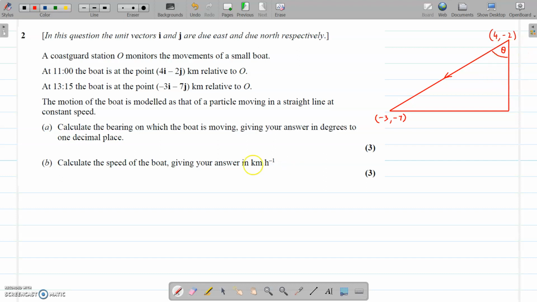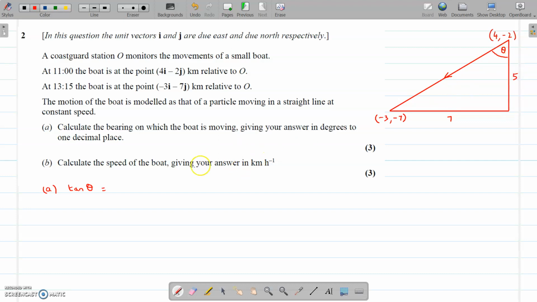And we should be able to say from our diagram that the tan of theta is going to be the opposite over the adjacent. Well, the opposite, if you look at the difference in the x coordinates, is 7. Okay, and the adjacent is going to be the difference between -2 and -7, which is 5.